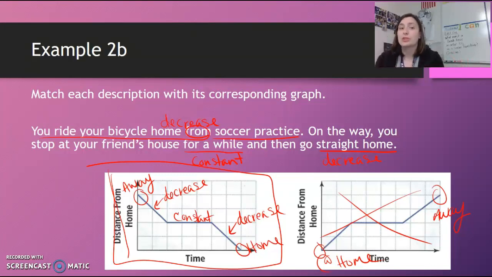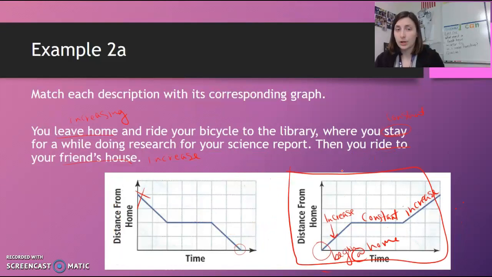So again, I look for keywords in the description itself. Notice that I used increase and decrease in my description and then went to the graph and said, okay, well, which graph is showing our decrease, constant, decrease, or like before, our increase, constant, increase.